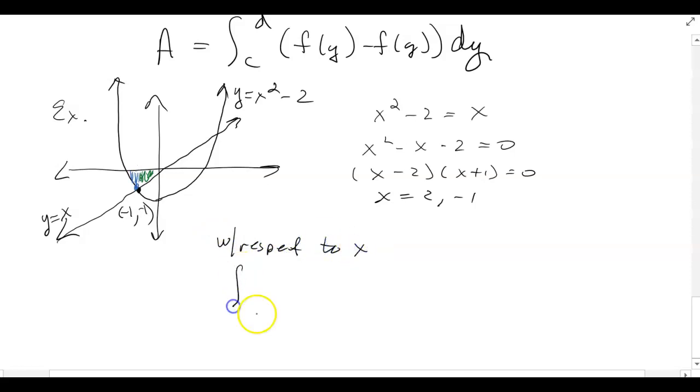All right? So, to differentiate with respect to x, we also need this point. So this is the point where x squared minus 2 equals 0, x squared equals 2, x equals negative square root of 2. All right, that is the point negative square root of 2.